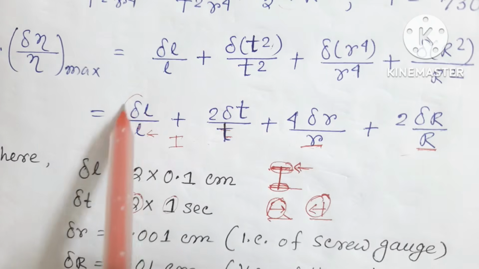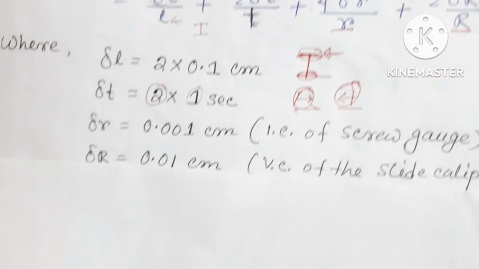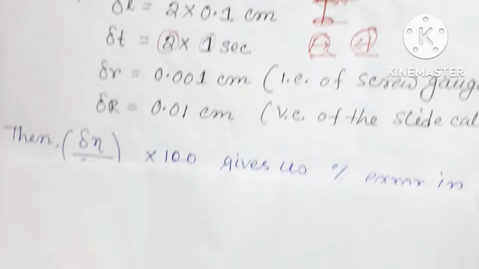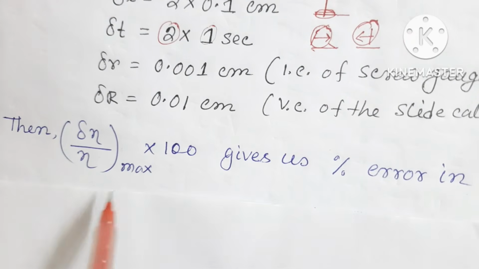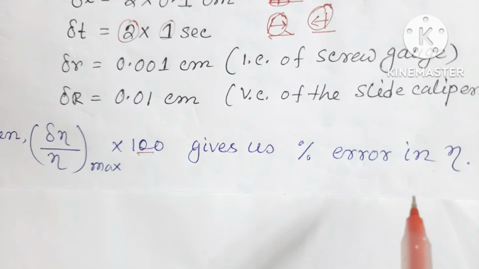If you substitute all the values here, you will get delta eta by eta, and if you multiply delta eta by eta into 100, it gives you the percentage error in eta.